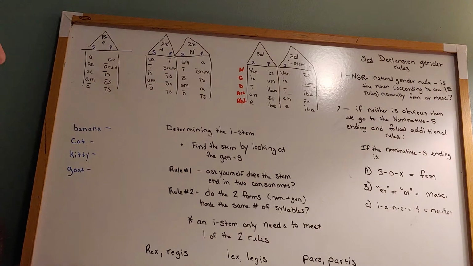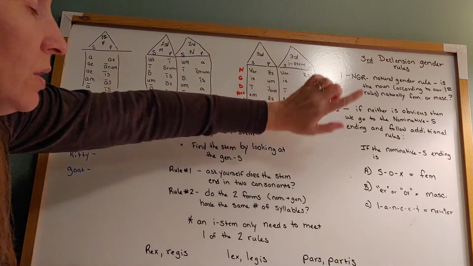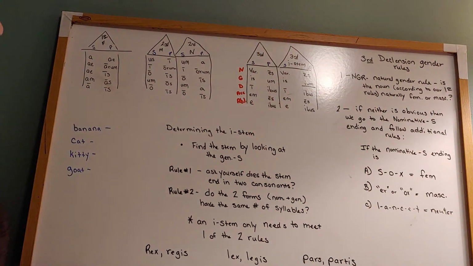And that is how we determine the gender for a third declension noun. So the main things you have to remember are these. First, is it naturally feminine or masculine? Ask yourself that.